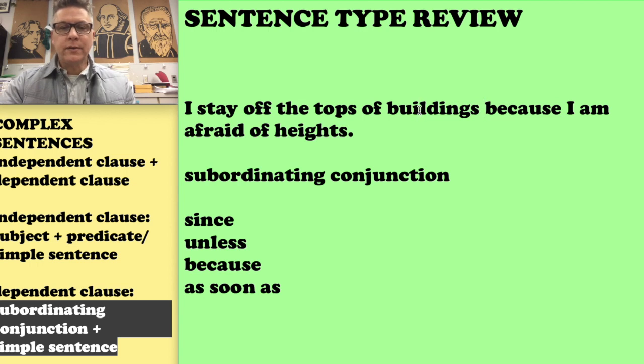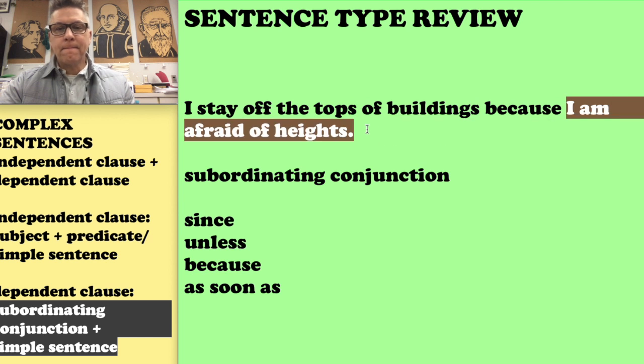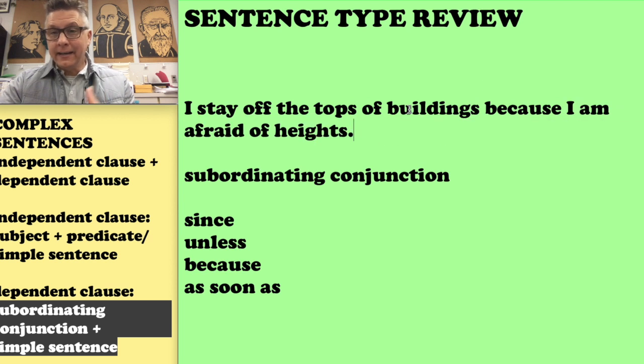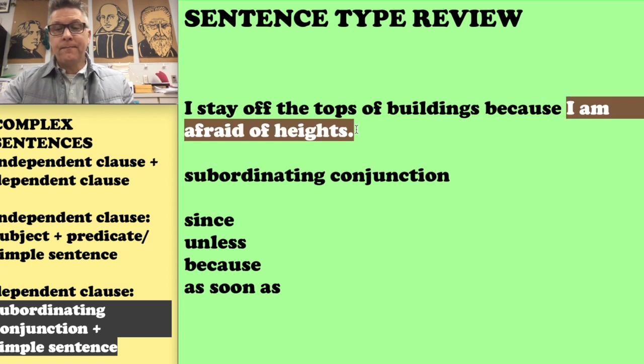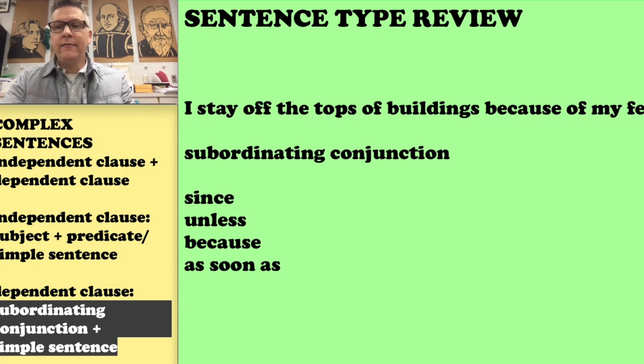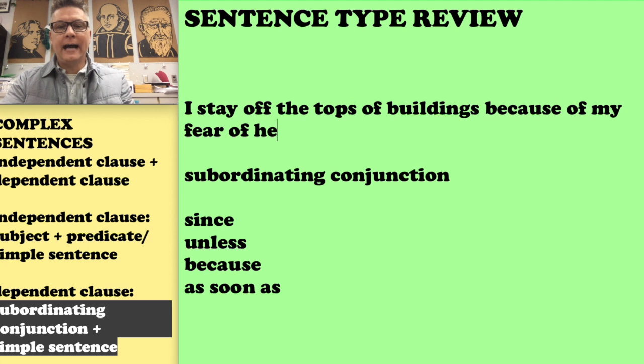Now, what happens with people getting confused is you don't always see a subject after a word like because. Because can also be a preposition. Because of my fear of heights.